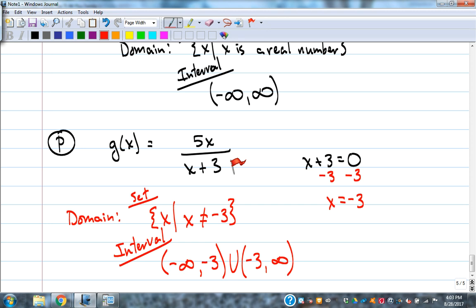So this is skipping negative 3. It's negative infinity up to negative 3. The parenthesis says we can't touch negative 3. It's a big hole in the track. Then a U for union. Parenthesis again, we're starting right after negative 3, and we're going all the way to positive infinity.